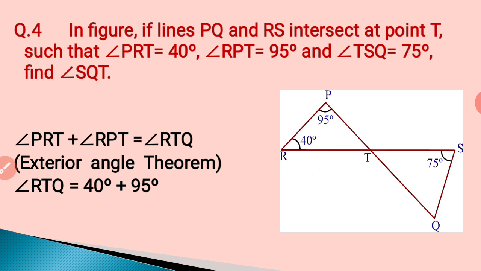In question number 4, you have been given a figure and you are told that lines PQ and RS intersect at a point T such that angle PRT is 40, angle RPT is 95 and angle TSQ is 75 degrees. We are supposed to find out angle SQT.